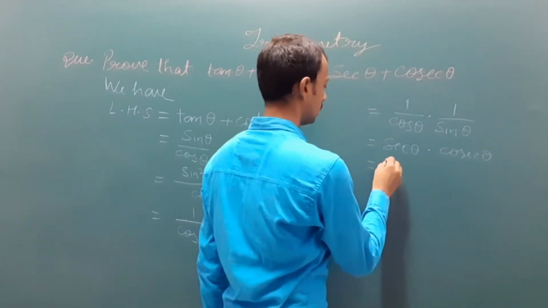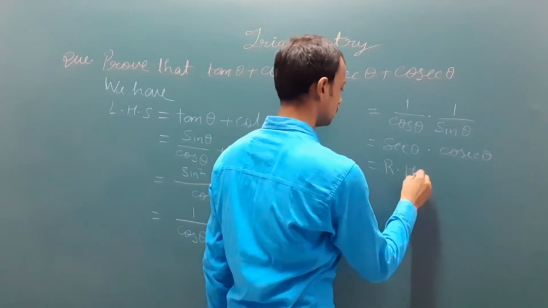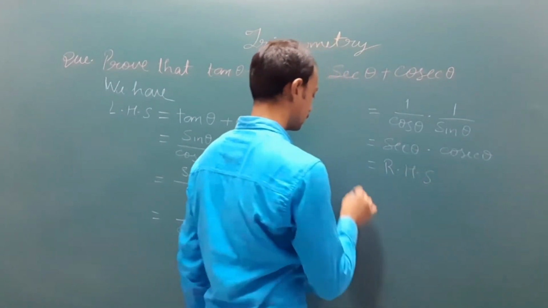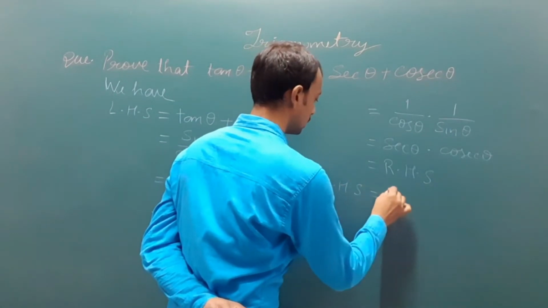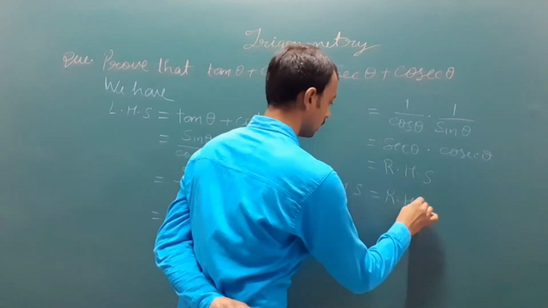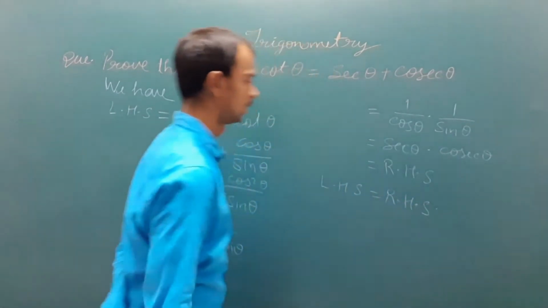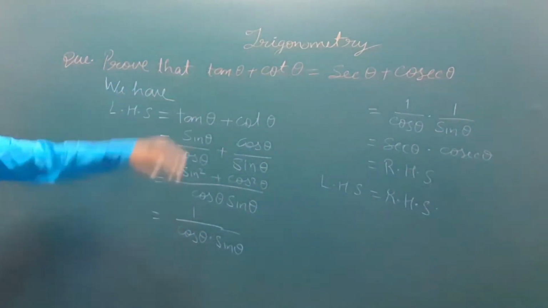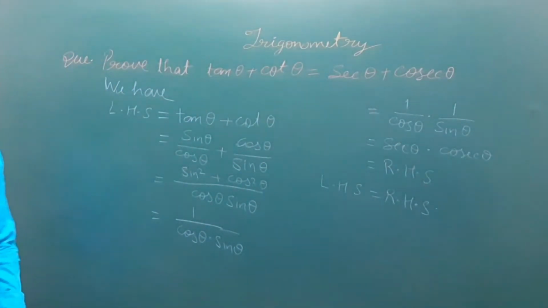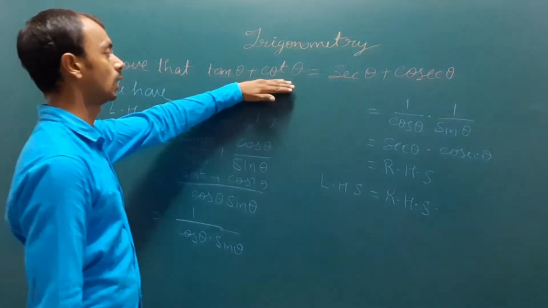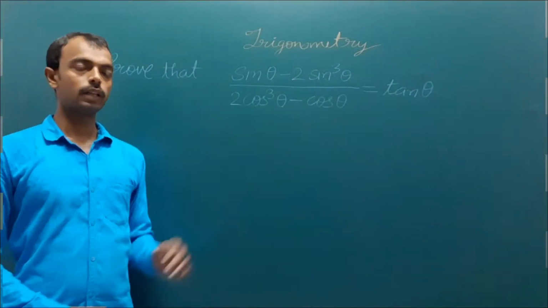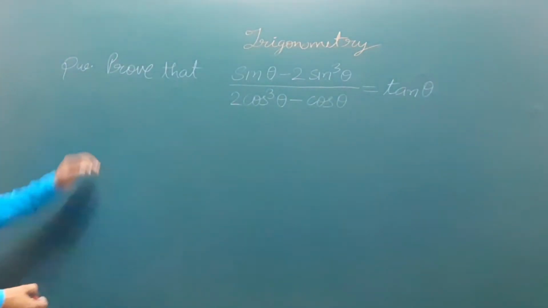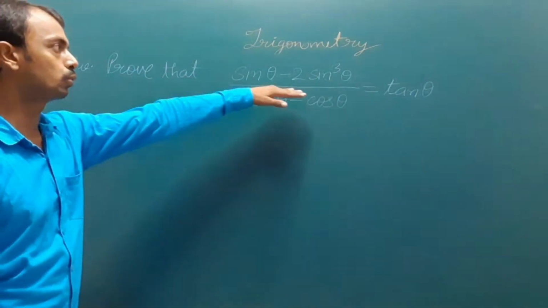This is what our right hand side is. So left hand side is equal to right hand side. This is the proof of this question. Now left hand side is equal to right hand side, that means tan theta plus cot theta is equal to sec theta plus cosec theta.